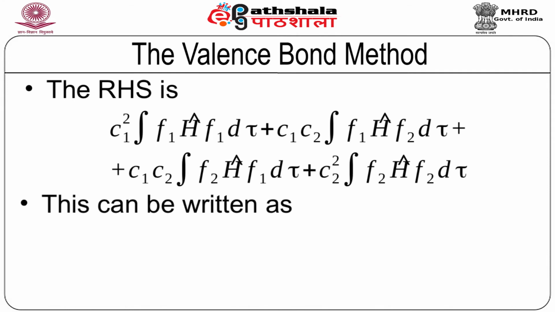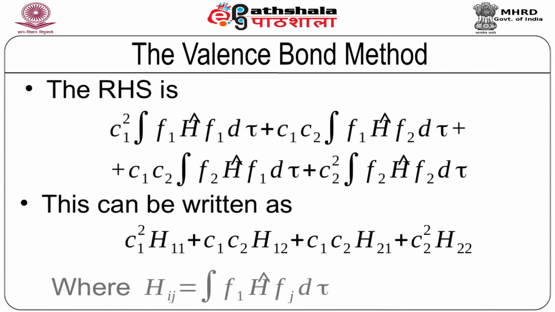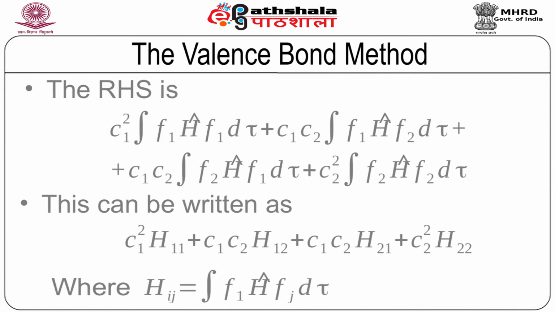This we write as C1 square H11 plus C1 C2 H12 plus C1 C2 H21 plus C2 square H22, where Hij equals the integral of Fi h Fj d tau.